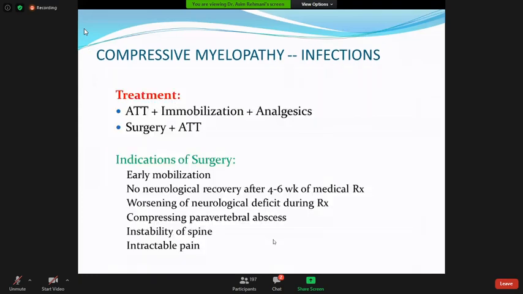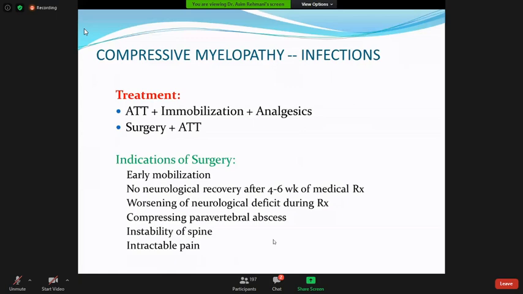Treatment is anti-tuberculosis treatment, immobilization, that is bed rest, and analgesics to reduce the pain, and if these conservative or medical measures fail, then the patient needs surgical decompression.